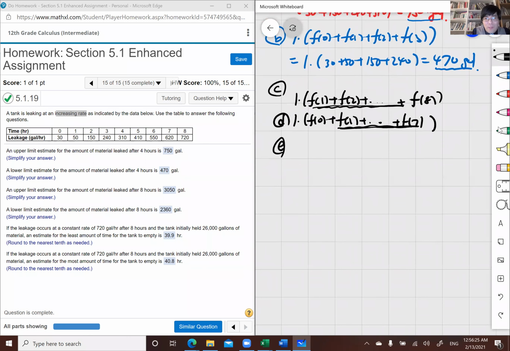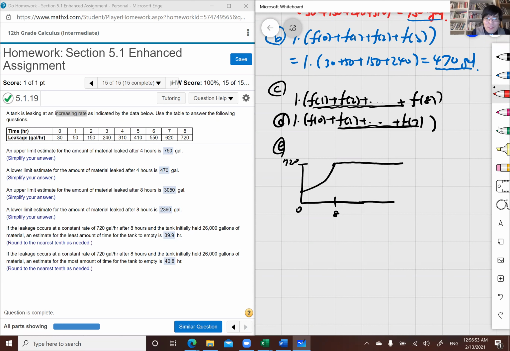The leakage is increasing from time 0 through 8, but after 8 hours, the leakage rate stays the same at 720. Now, what is the least amount of time? What is the fastest to empty the tank? Okay, fastest.